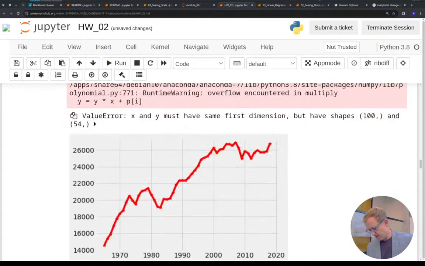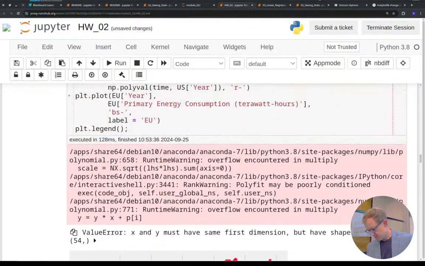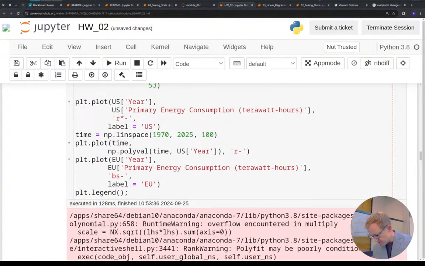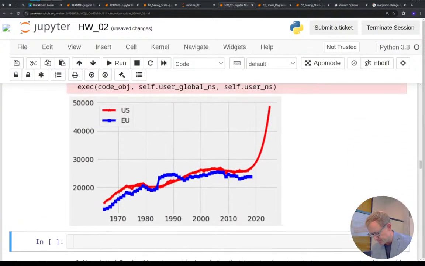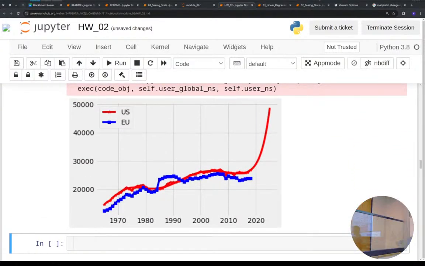And look at, what did I do wrong? Time and time. Oh, whoops. I messed it up. There we go. All right, how does my prediction look now? I extended it 5 years into the future. Super accurate. Excellent work. Close the books.